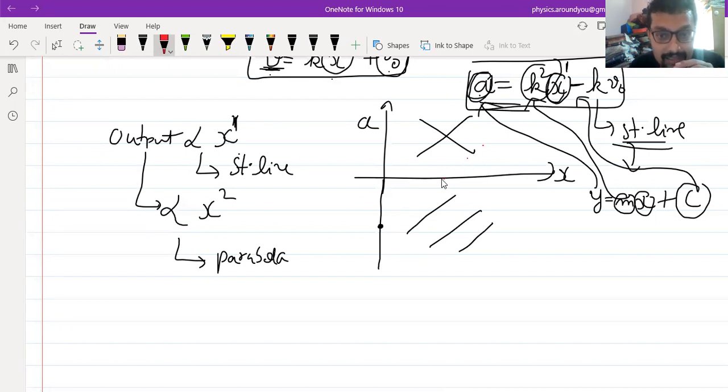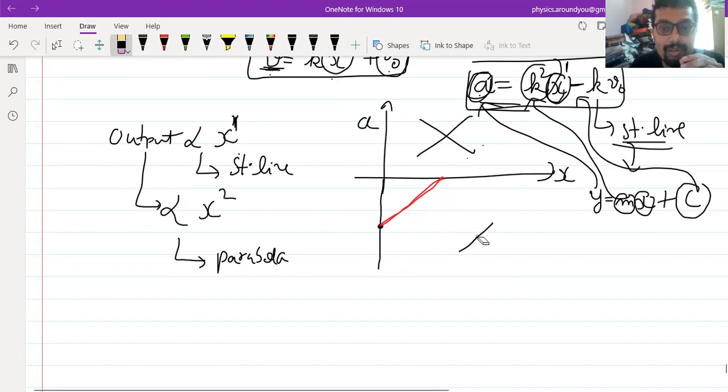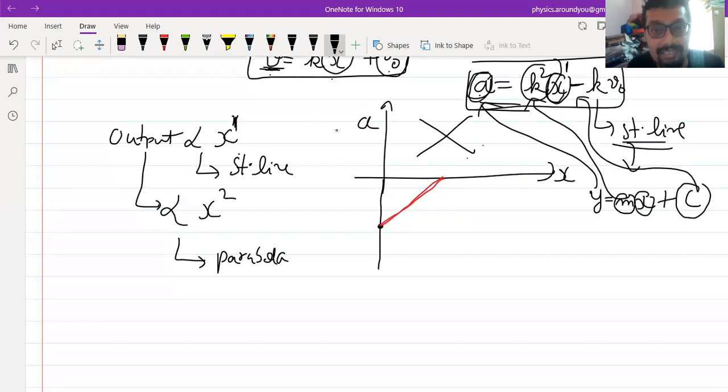How would it look like? Like this. So this is the Ax plot for the given Vx plot. From the Vx plot, we got to the Ax plot like this.